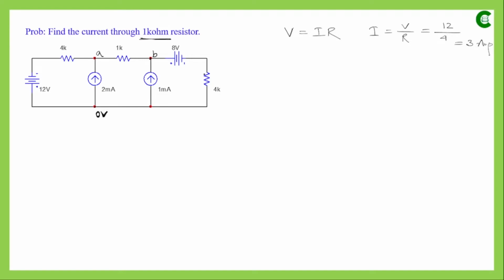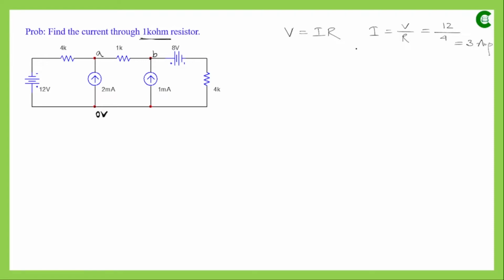And if we come to the right side of the circuit, here also we have a voltage source, and with that voltage source we have a resistor connected in series. So we can also easily transform this voltage source to an equivalent current source.